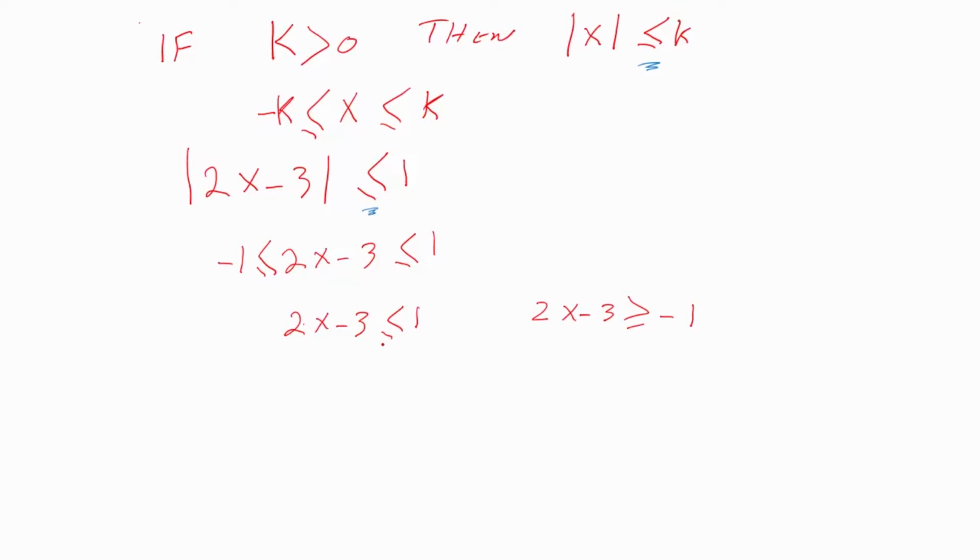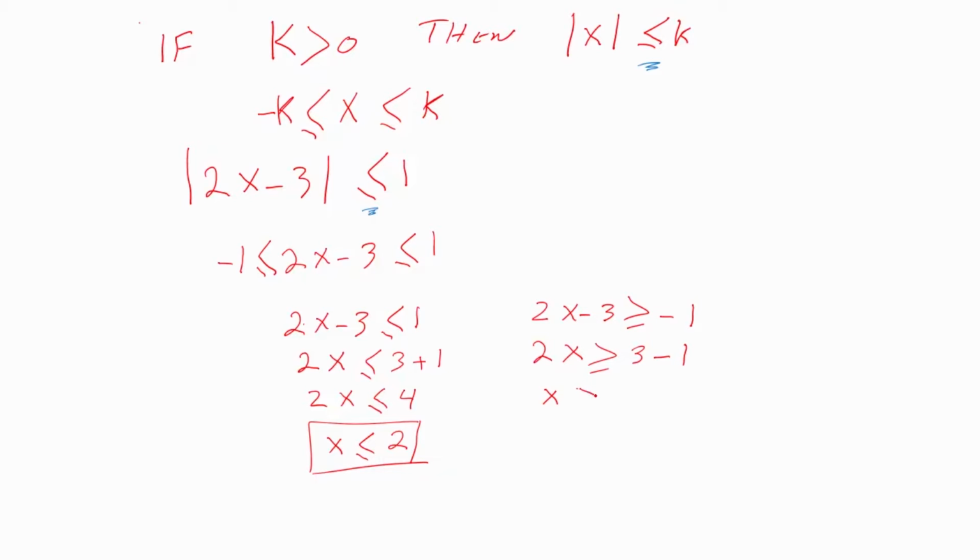You solve each one of these separately, so 2x, take the minus 3 to the other side, less than or equal to 3 plus 1. Therefore, 2x is less than or equal to 4. x less than or equal to 2 when you divide both sides by 2. In this one, 2x, take the minus 3 to the other side, it would be greater than or equal to 3 minus 1.